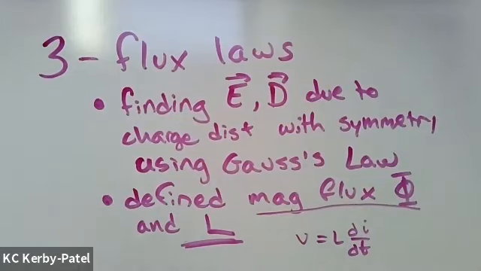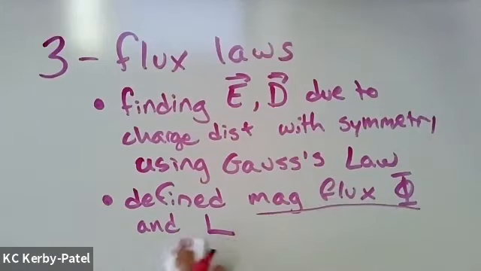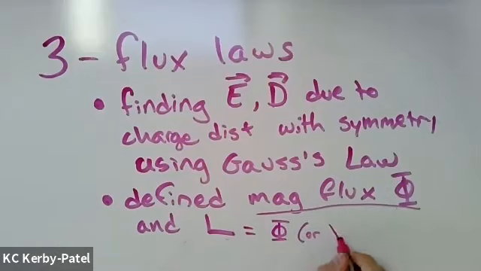The inductance of a structure is defined as the flux, or the flux linkage if there are multiple loops, divided by the current. So that's what happened in chapter 3.